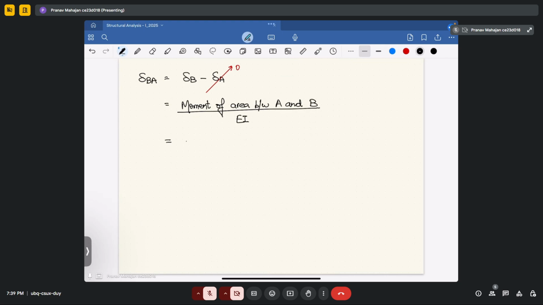That will be equal to moment 1 plus moment 2 plus moment 3.